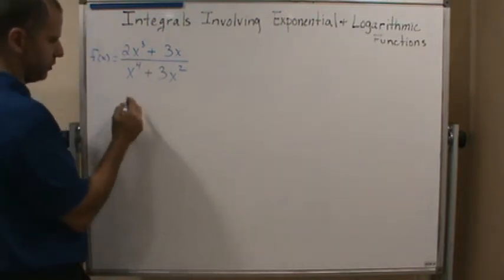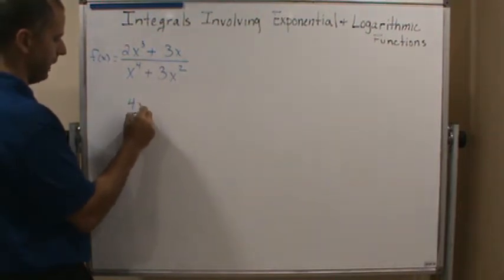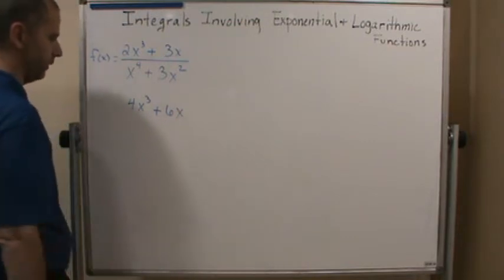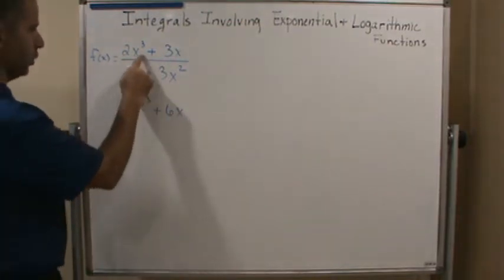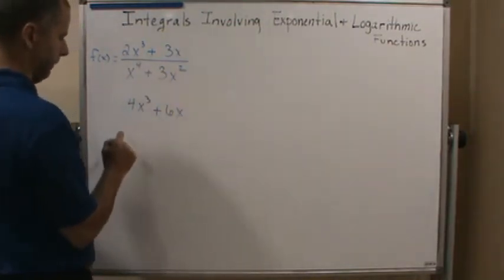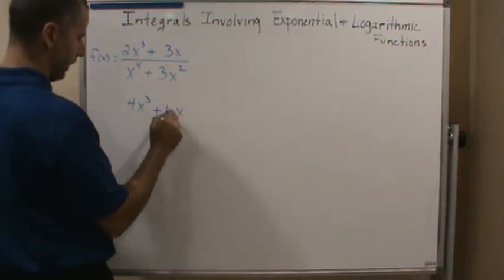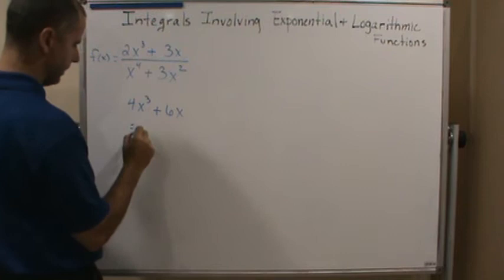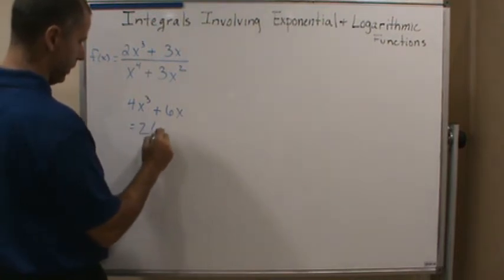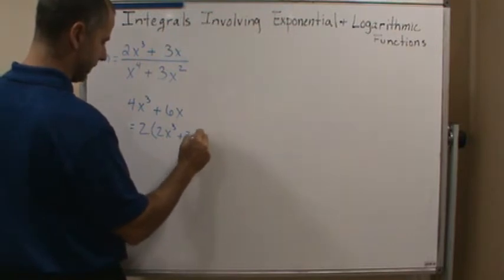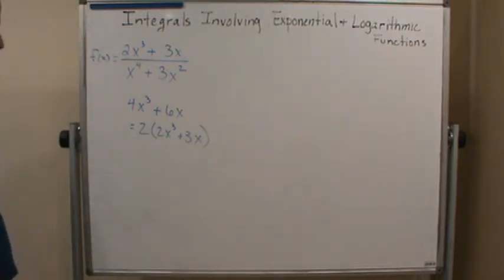Let's just do some scratch work and look at it. So here you get 4x cubed plus 6x. Okay, so I've got the x cubed and I've got the x. Now I've got a common factor here that I can pull out, right? So I can write this as 2 times 2x cubed plus 3x, and there we go.